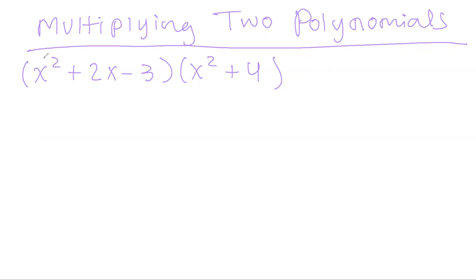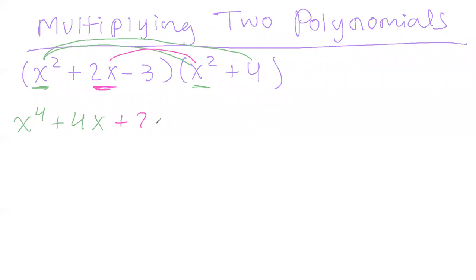Okay, so starting with x squared, I'm going to multiply x squared with x squared. So I get x to the 4th, x squared times 4, so I get plus 4x squared. Now I'm going to multiply 2x, and again to the x squared, so I get plus 2x cubed.